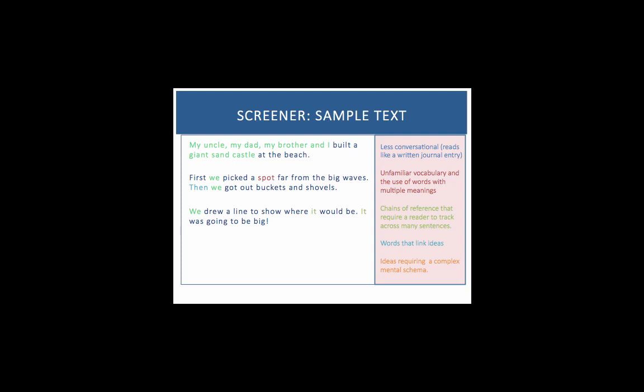There are chains of reference that are quite complicated, requiring that a student track ideas across multiple sentences. And finally, there are multiple ideas that require a complex mental schema, including an understanding of beaches, sandcastle building, and waves.